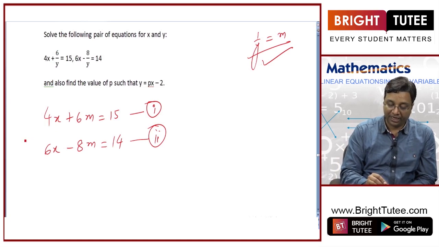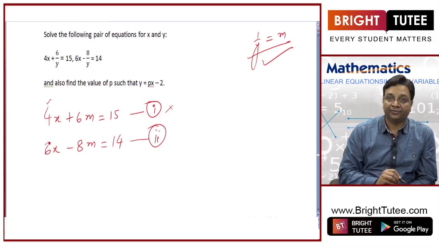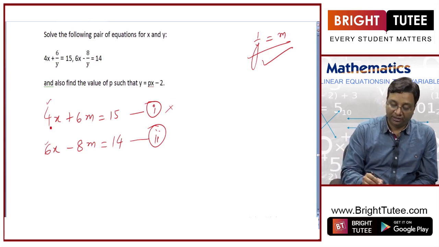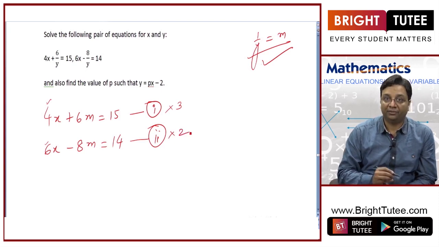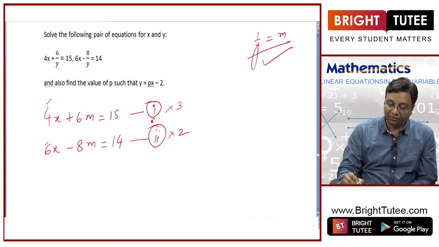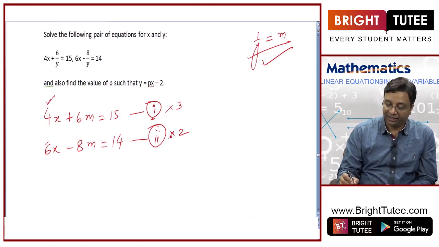Now which coefficient should I equate? Let me multiply equation number 1 by, what is the LCM of 4 and 6? It is 12. So let me multiply first equation by 3 and second equation by 2. Why am I doing that? Because when I multiply first equation by 3, this coefficient will become 12, and when I multiply second equation by 2, this coefficient will become 12.